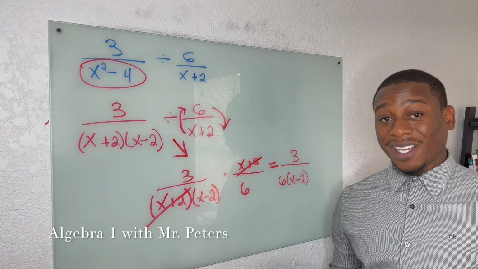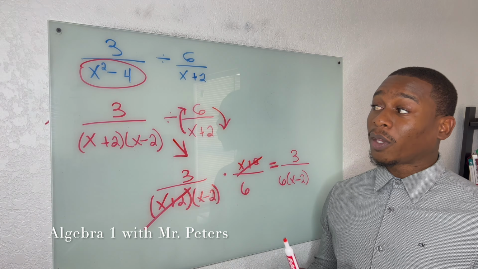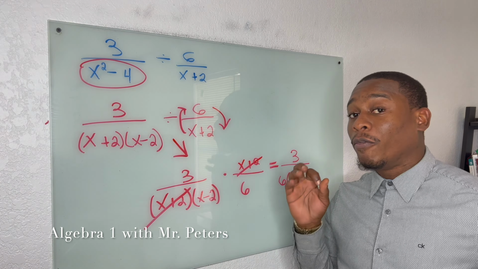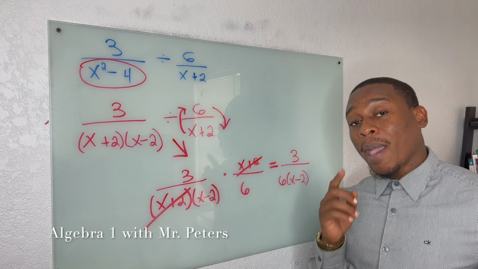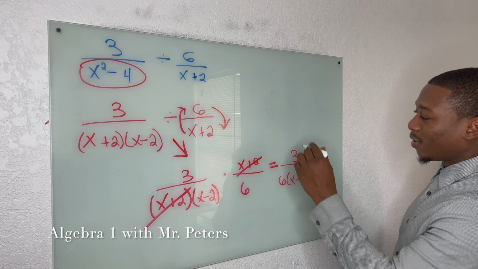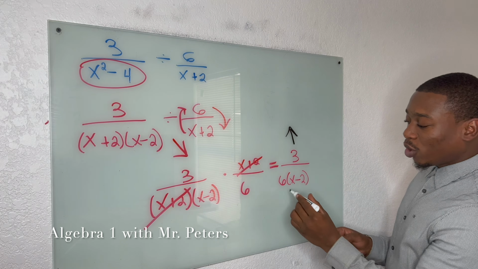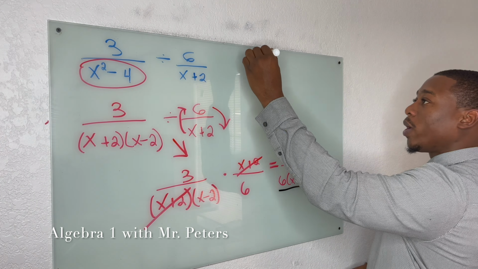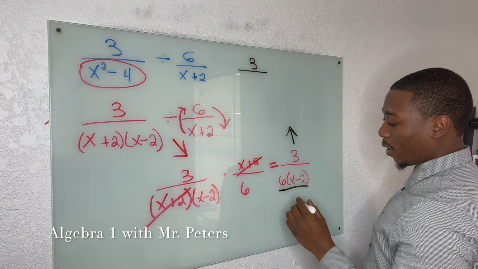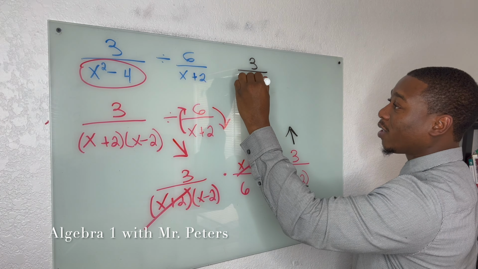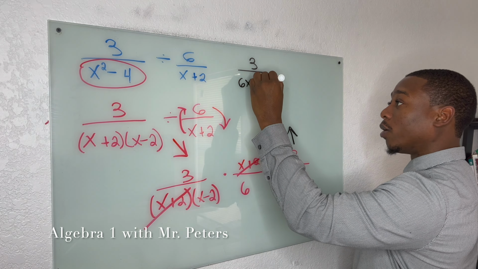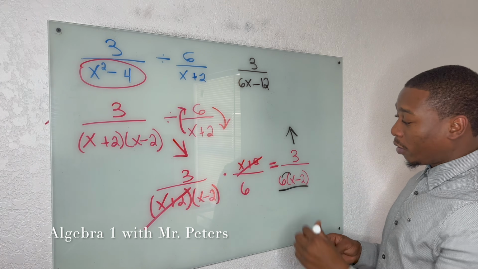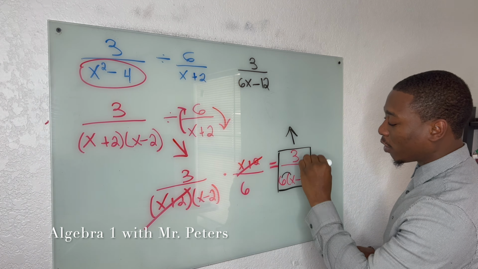But before you guys go, let me just show you something very important and a very special trick that may get you on your next test. So just make sure that you expand this. So we have 3 divided by, and once we distribute, we'll have 6x minus 12. Now, this is one version of the answer.